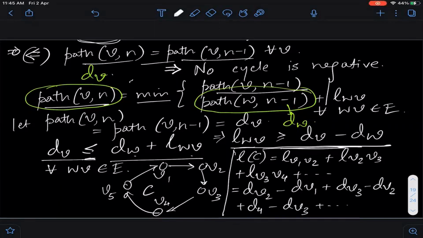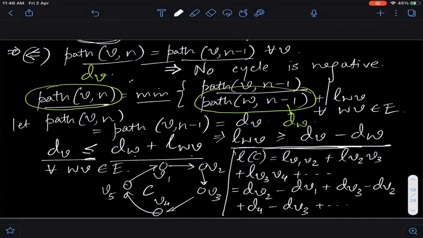ऐसे ये चलता रहेगा. तो हर एक जो वर्टेक्स है in this cycle that appears as a head and a tail of exactly one edge. तो हर वर्टेक्स को एक बार हेड बनना है, एक बार टेल बनना है. जब वो हेड बनेगा तब वो प्लस साइन से आएगा, जब वो टेल बनेगा तब वो माइनस साइन से आएगा, राइट? या फिर द अदर वे अराउंड.